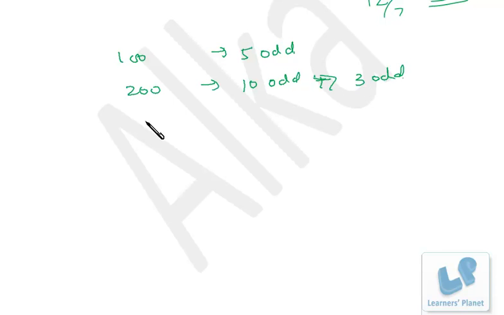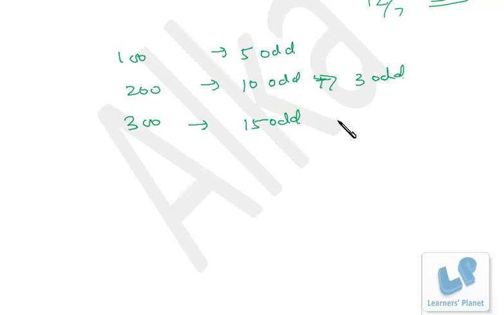Now, similarly, for the next 100 years. So in 100 years, 5 odd days. In 200 years, 5's double, 10 odd days. Now 10 divided by 7, get the remainder. That means precisely 3 odd days. Now in 300 years, 5 threes are 15 odd days.